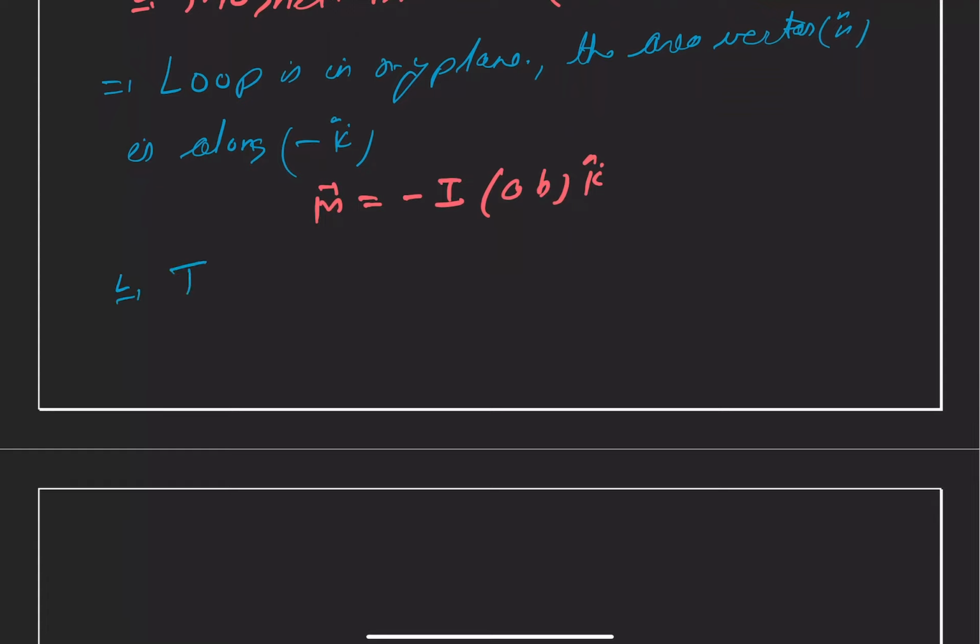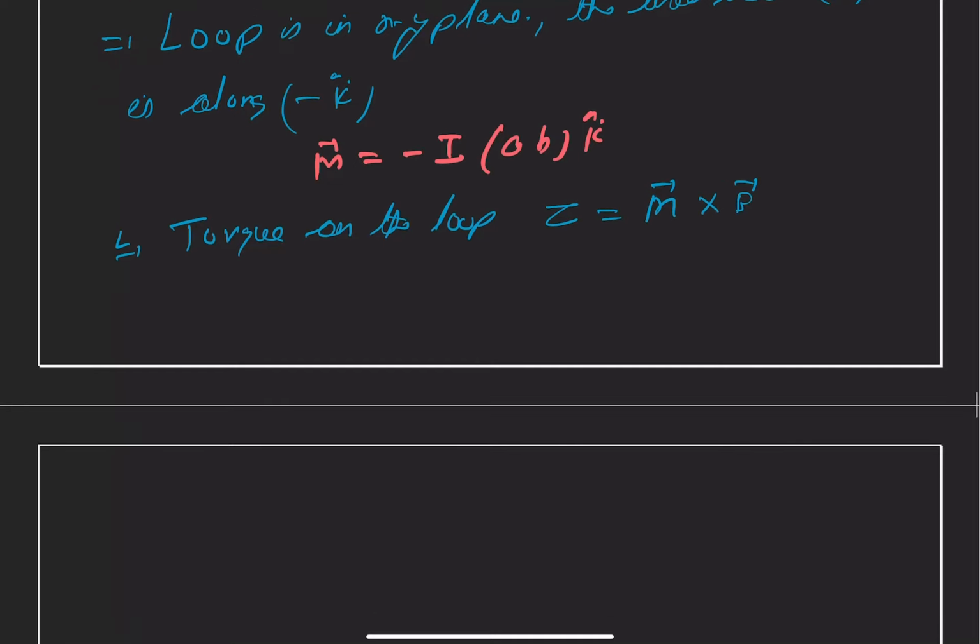So we can say the torque on the loop, tau, is equal to the magnetic moment cross the magnetic field. The magnetic moment we found out, and the magnetic field is given to us.